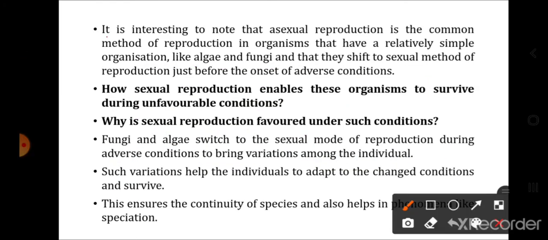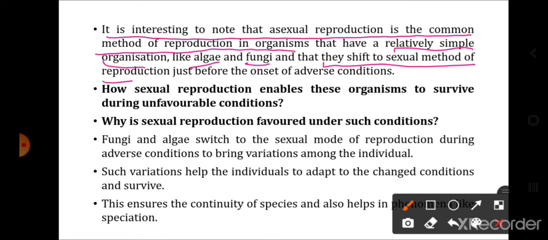It is very interesting to note that asexual reproduction is the common method of reproduction in organisms that have relatively simple organization, like algae and fungi, and that they shift to the sexual mode of reproduction just before the onset of adverse conditions.